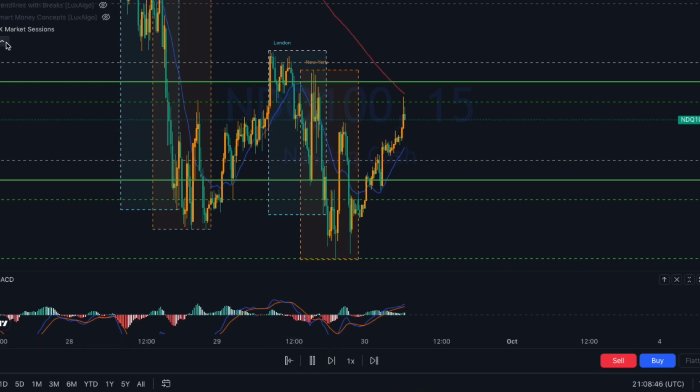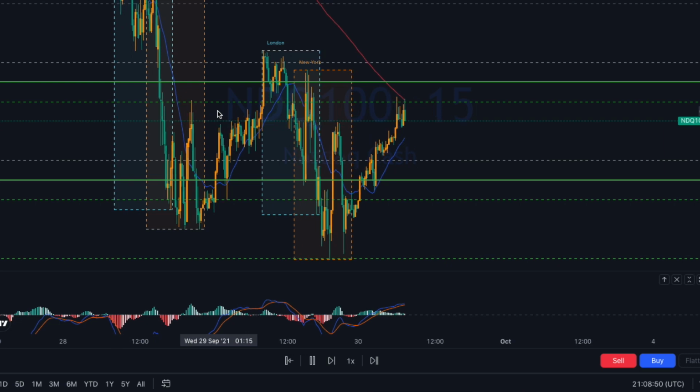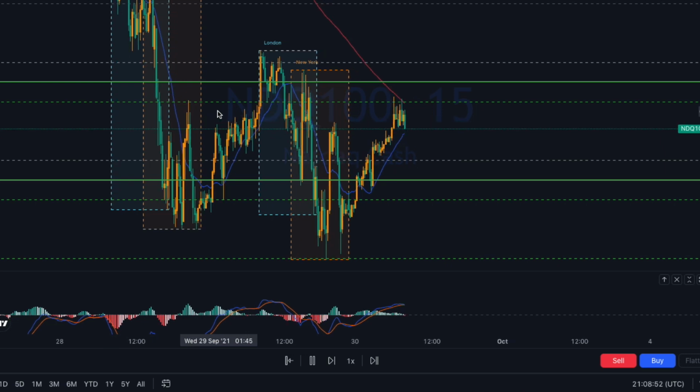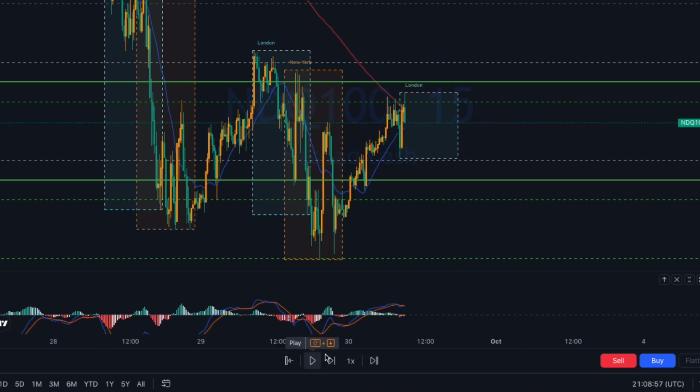So with this back test, we're going to be using the moving average as well as resistance and support levels, right? So let me hit pause, give you a bit of an idea what I mean. Okay, so for example, let me get my little thingamajig.